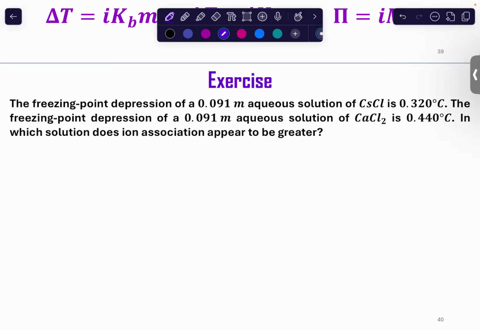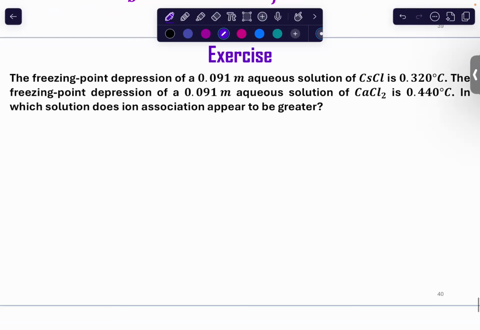Okay, so let's just start by looking at the calcium chloride. So your freezing point depression constant for water, 1.86 degrees Celsius per molality. So let's see, your delta T equals i Kf m. Now what we want to solve for is i.